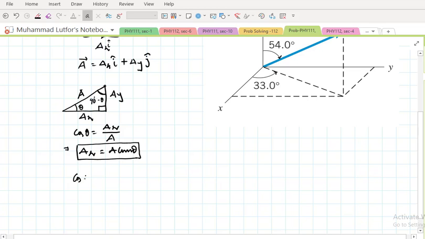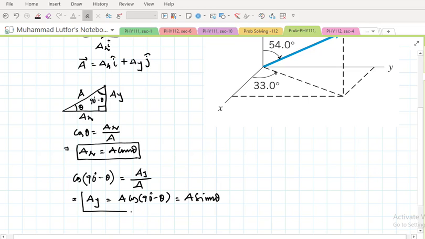Now for that one, we can write cos of 90° minus theta, this will be the base, in that case the base is Ay by A. Then I'll find that Ay would be A cos of 90° minus theta, which automatically gives you A sin theta, since cos of 90° minus theta is basically sin theta.